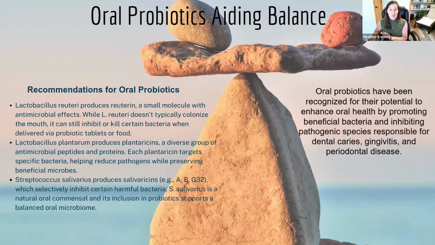I talk about these as kind of being companion plants for the garden. So we put Lactobacillus reuteri in there and they help to kill off and inhibit the growth of some pathogenic bacteria, and that reduces inflammation in the mouth. Lactobacillus plantarum is another one that's really valuable, specifically Treponema denticola is susceptible to Lactobacillus plantarum.